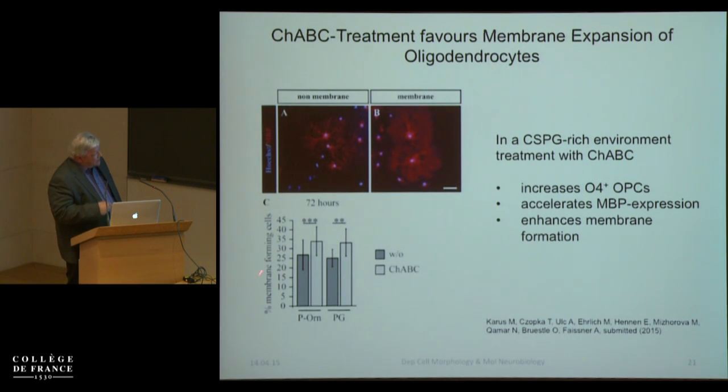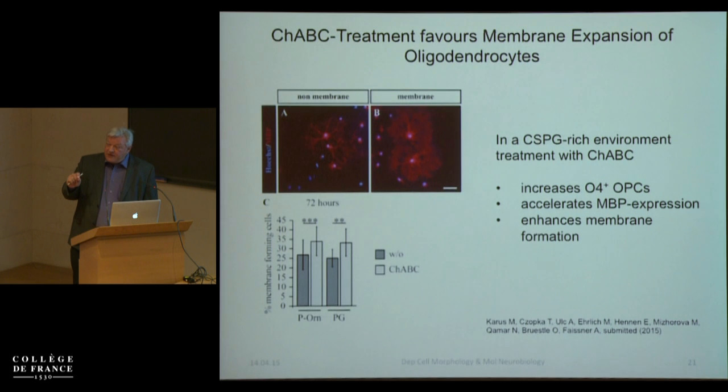The percentage of membrane-forming cells is clearly enhanced by chondroitinase ABC treatment, both on a neutral substrate as well as on a proteoglycan-conditioned substrate. So we can conclude that a chondroitin sulfate proteoglycan-rich environment will sort of inhibit oligodendrocyte differentiation and membrane expansion. We think that this may be relevant for the pathology of myelin, an aspect we are currently following further.